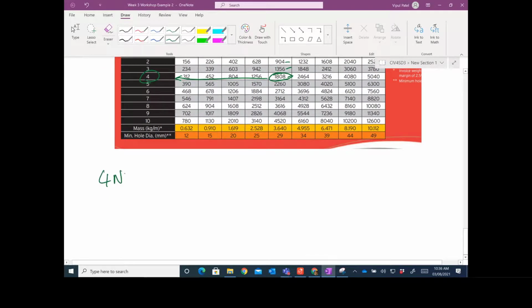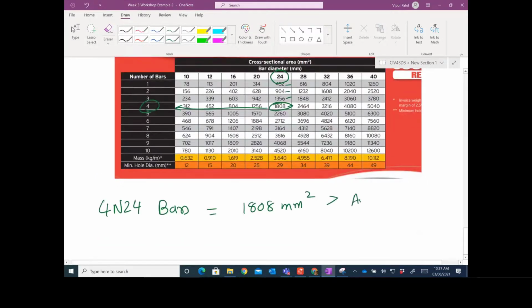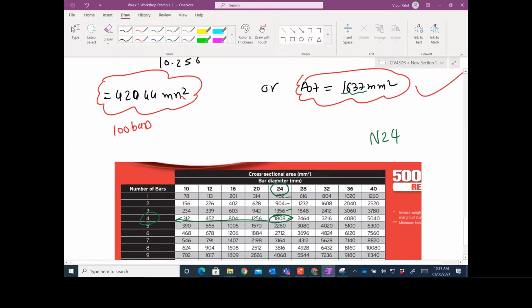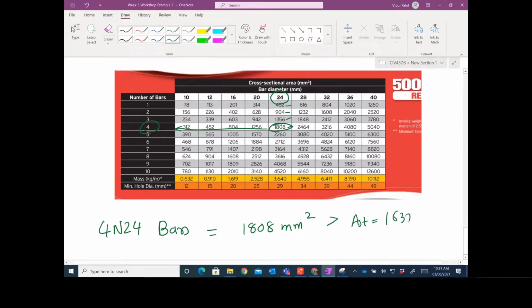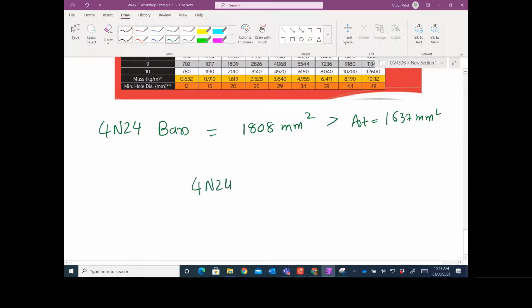So 4 and 24 bars, which has an area of 1808 millimeter square, which is greater than our required area of 1637. So our answer would be 4 and 24 bar with AST of 1808 millimeter square.